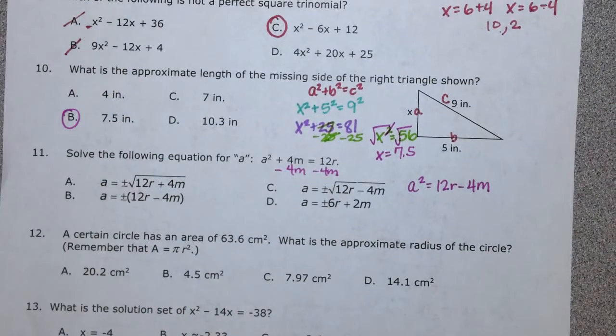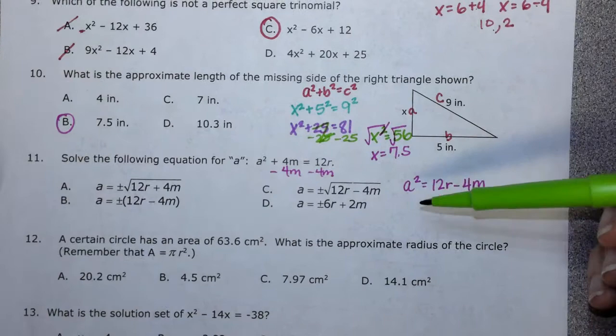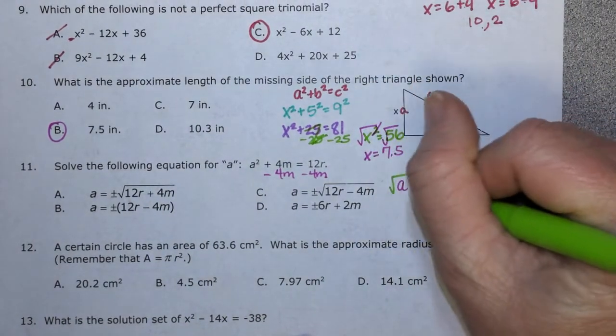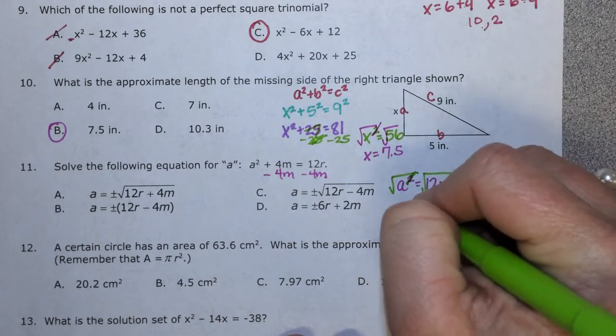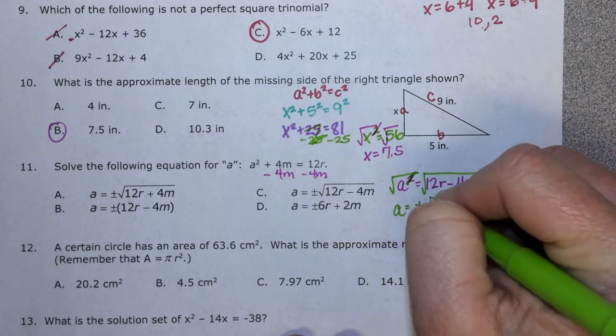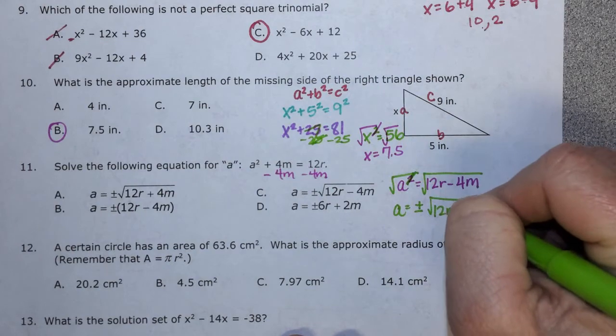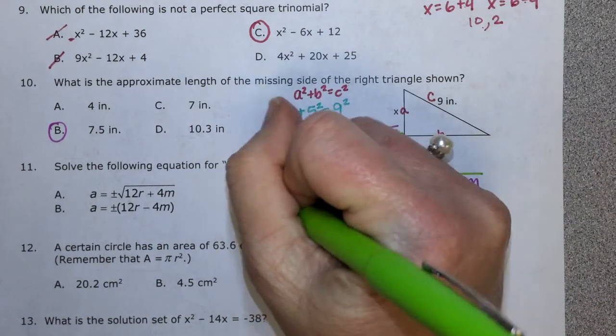And since those are not like terms, I can't combine them, so I'll leave them just like that. And now that I have it in this form, I can go ahead and take the square root of each side, since I'm solving for a and a is squared. So then that gives me a equals plus or minus the square root of 12r minus 4m. So therefore my answer is C.